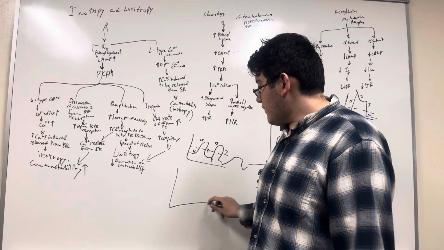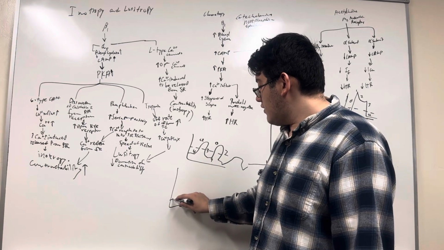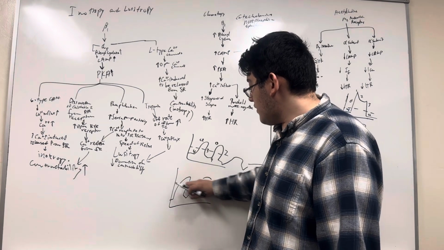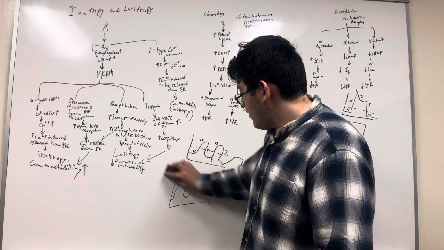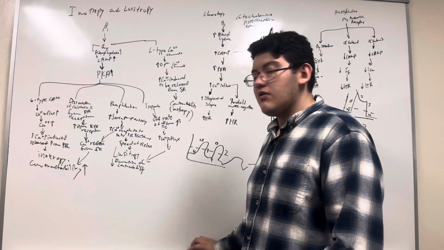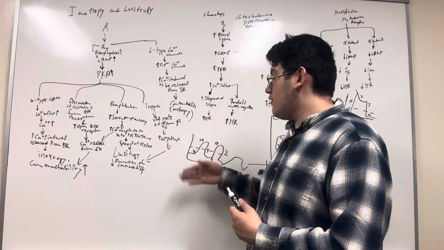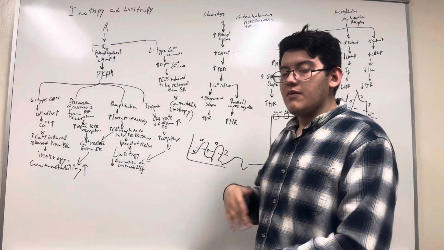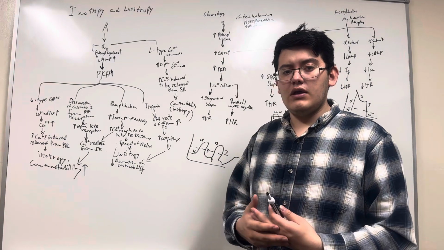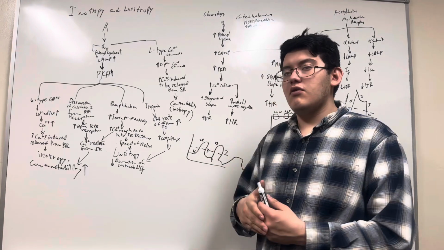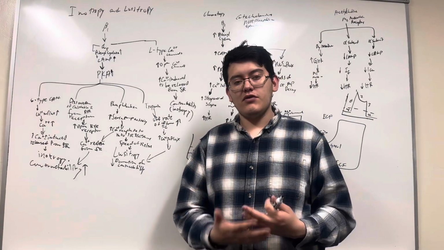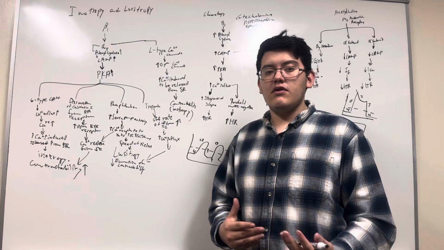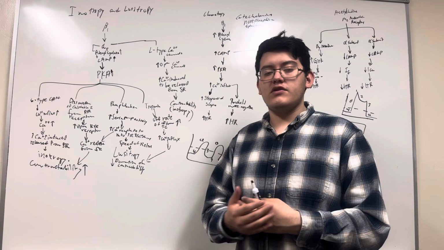I'm kind of bad at this right now, but you get the point. They will increase the number of repetitions that these automatic cells can occur in, and just so we're clear, examples of automatic cells would be our SA node and our AV node, which are the start of depolarization of our heart.